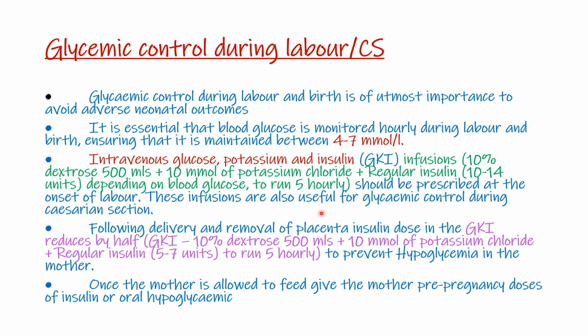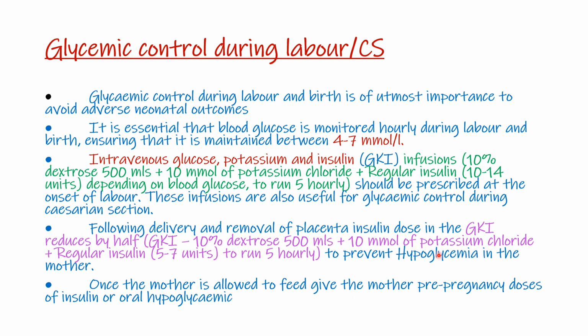These infusions are usually useful for glycemic control during cesarean section, but you also give them at the onset of labor. Following delivery or removal of the placenta, you have the dose of GKI that you give: 10% dextrose, 500 ml, plus 10 millimoles of potassium chloride.